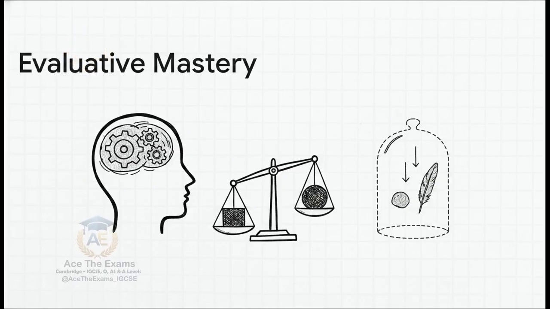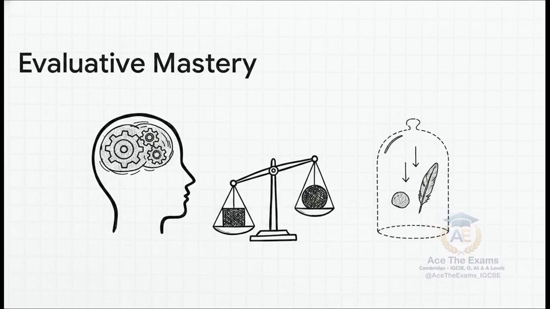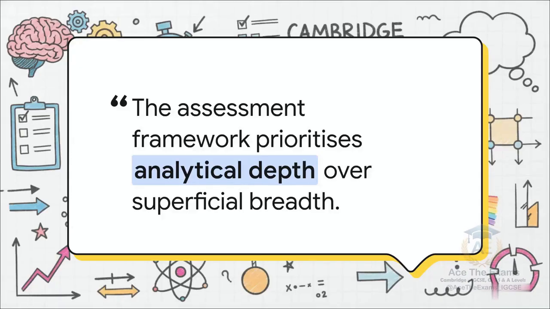Evaluating the quality of your evidence, deeply understanding alternative interpretations, and justifying your final recommendations based on solid physical principles, that is the true hallmark of an elite A-level student. It proves you understand the very boundaries of the physics you are applying. I want to give you this precise syllabus insight. The assessment framework prioritizes analytical depth over superficial breadth.